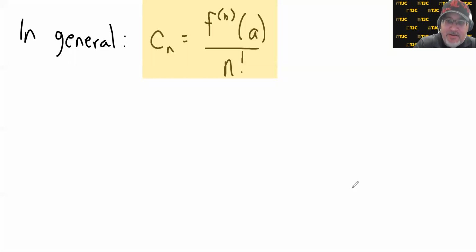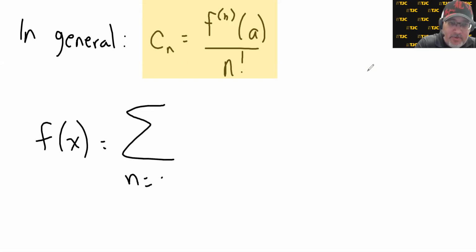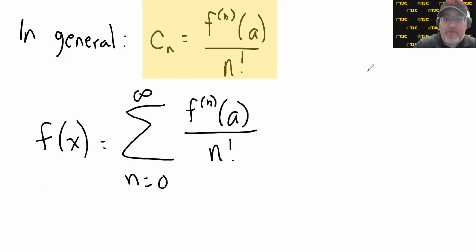This means that our function is equal to the following sum. n equals 0 to infinity. We now have the formula for the coefficient, which is the nth derivative, evaluated at a, over n factorial. And remember, that was the coefficient of x minus a to the nth power.